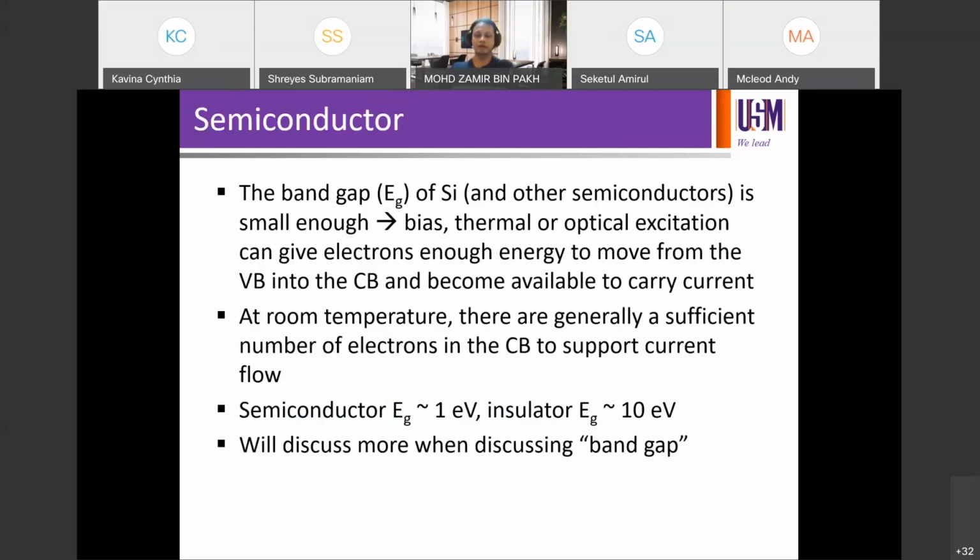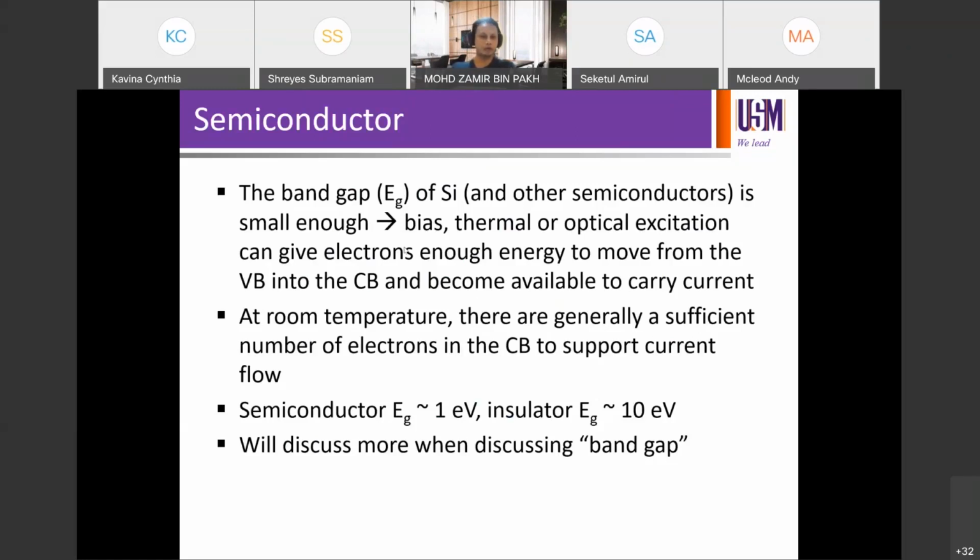So for electrical conduction to take place, the valence electrons need to be free from the original binding. That means they need to be excited from the valence band to the conduction band in order to perform conduction. If they are not able to be in the conduction band, there will not be any conduction. So that's the ground rule.